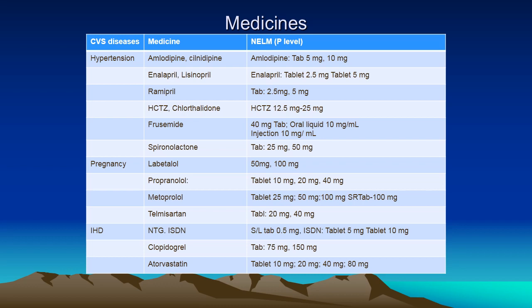In some cases of chronic heart failure, spironolactone may be required. For pregnancy, the antihypertensive will be either labetalol or some other drugs such as alpha-methyldopa. Here we have chosen labetalol because of its availability and safety and efficacy. For non-pregnant, beta blockers would be propranolol, metoprolol, telmisartan. They are not for pregnant mothers.